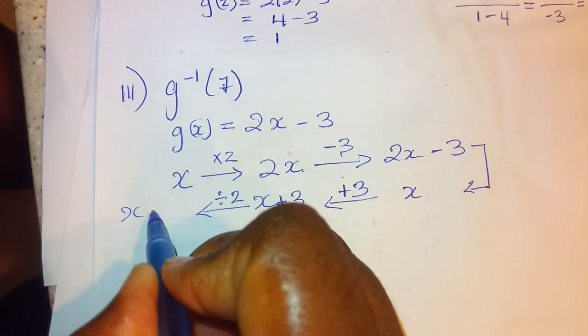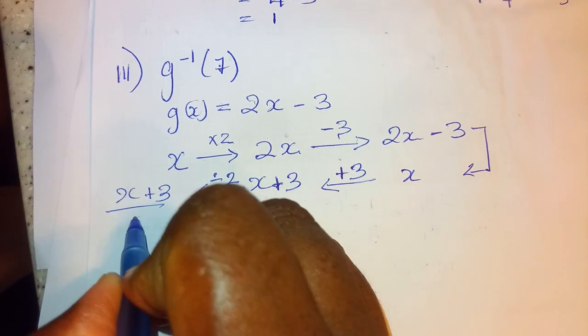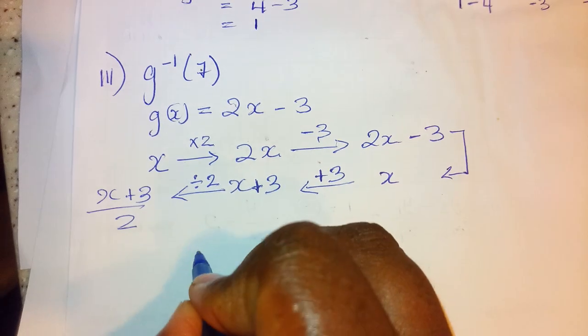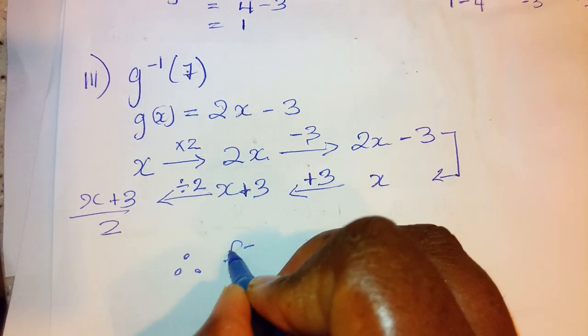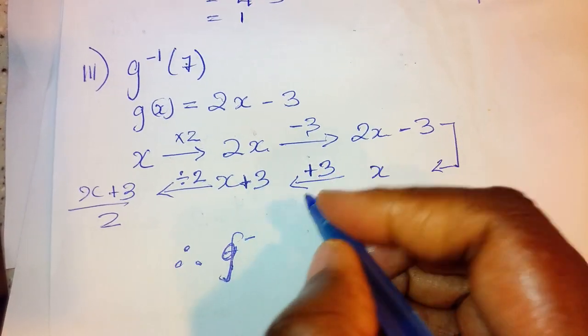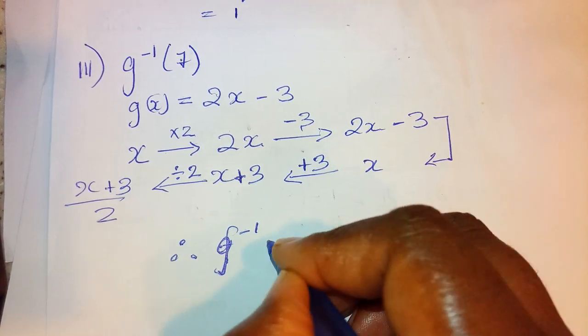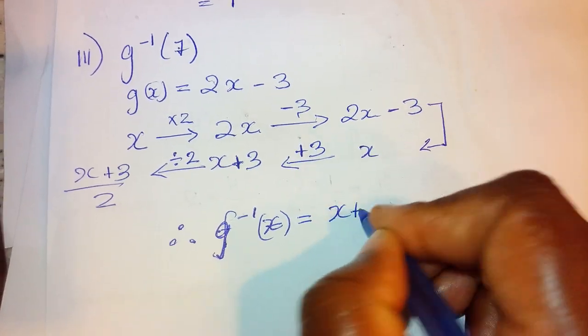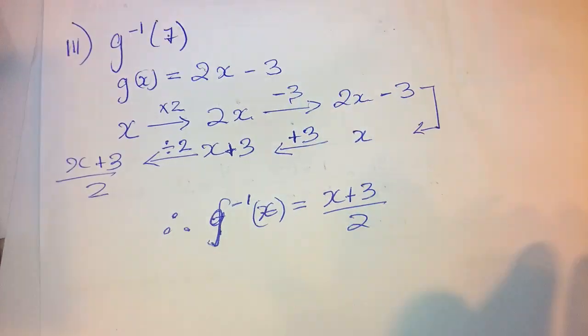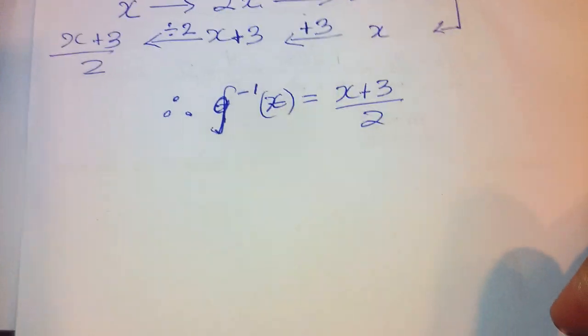And that's going to give us (x plus 3) all over 2. Therefore, those 3 dots mean therefore, the inverse of our g function is (x plus 3) all over 2. Sorry for the little mistake.